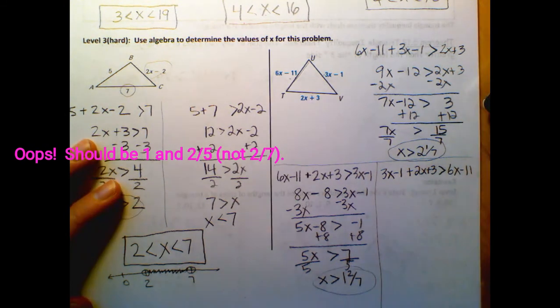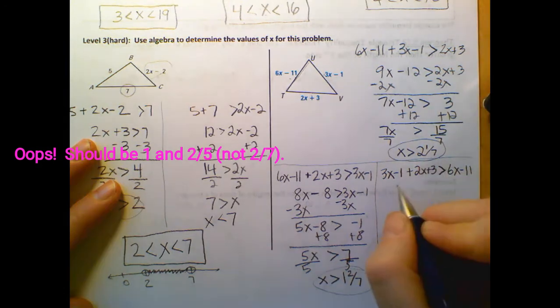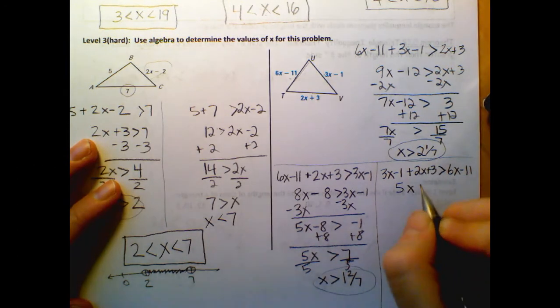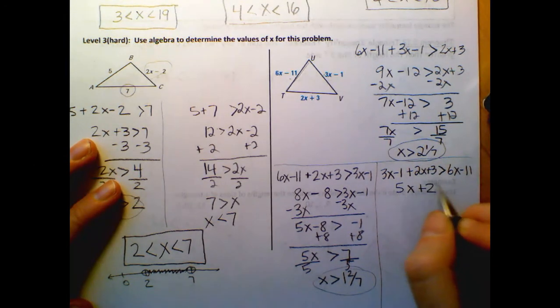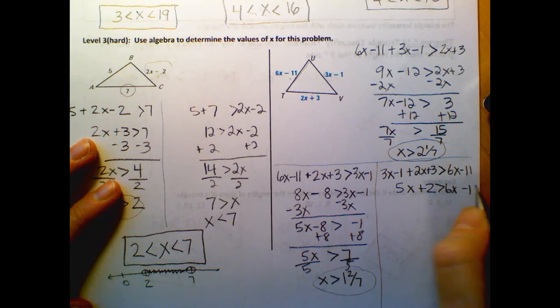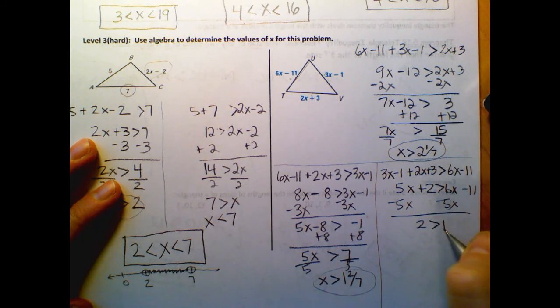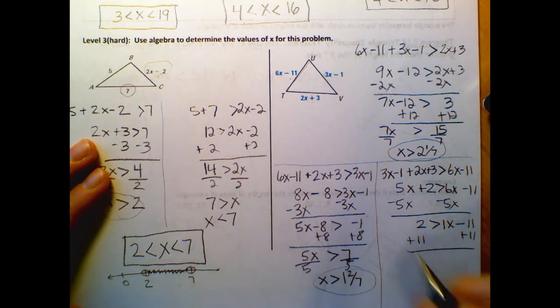All right, and last one. 3, 4, 5. 5x plus 2. This one's backwards, so we'll go ahead and turn it around.